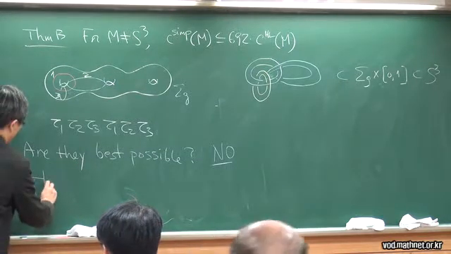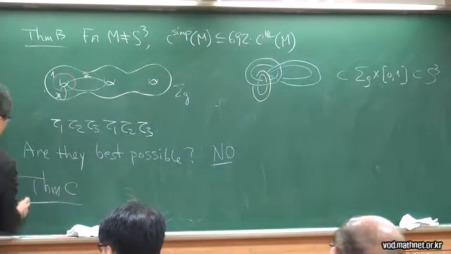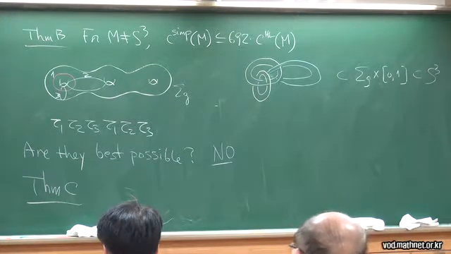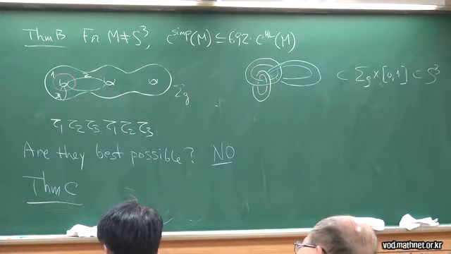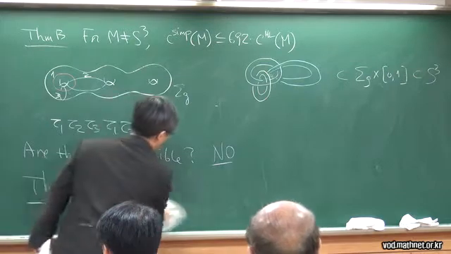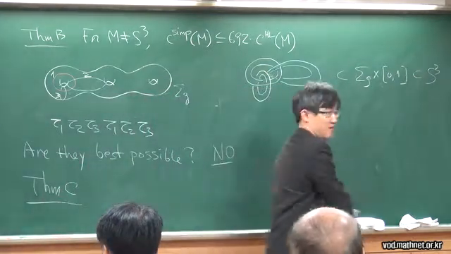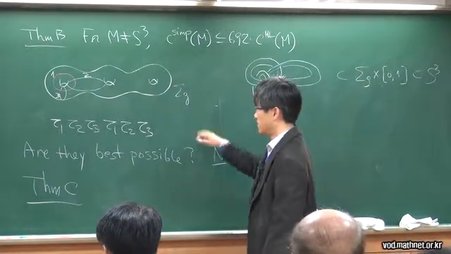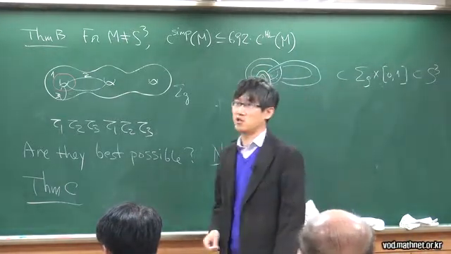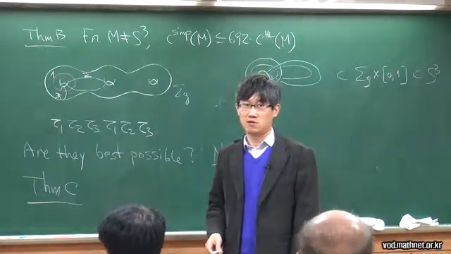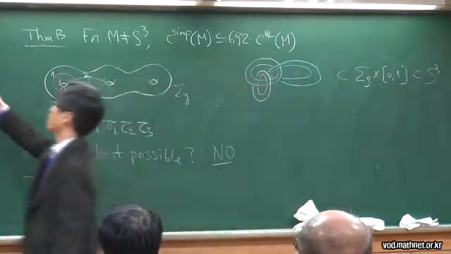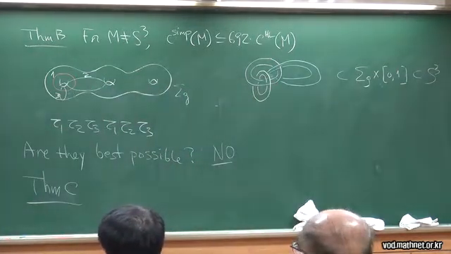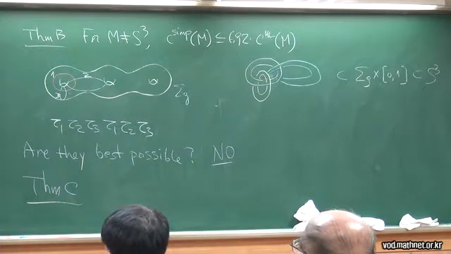But here is something interesting. I'm going to tell you that this is actually optimal in some sense. More precisely, this is asymptotically the best. For example, I cannot replace this side with a square root function.